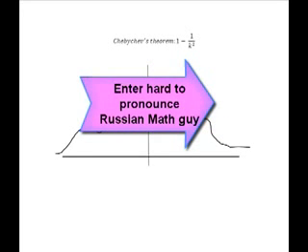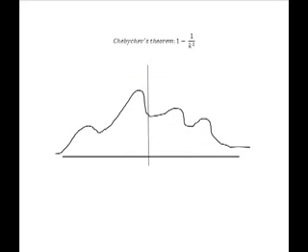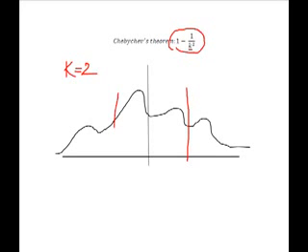This is where we apply this theorem of 1 minus 1 over k squared, where k represents the number of standard deviations. So if I want to know how much data falls plus or minus k, or say in this case 2 standard deviations from the mean, which will be somewhere here and here.